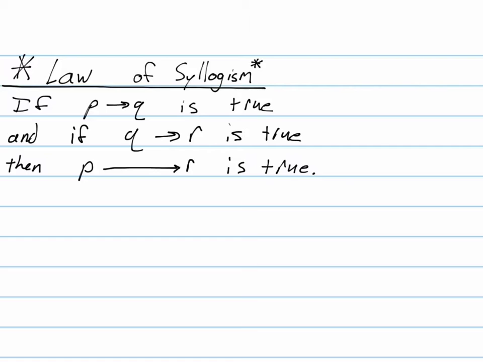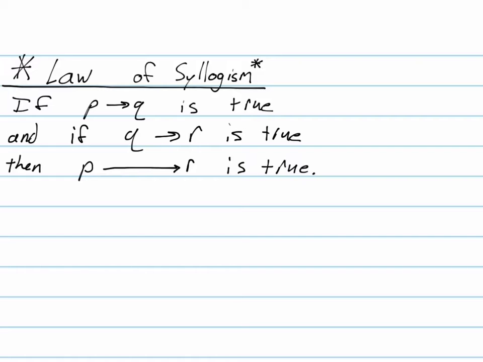Law of syllogism. Kind of a fun word to say. So that is where you build that premise. You build those conditionals. And in doing so, you set up a conclusion that, in this case, if P is true, then it flows through and you can conclude that R is true.